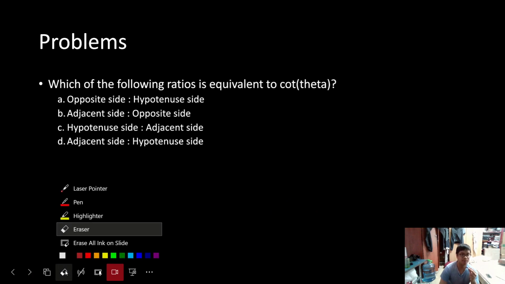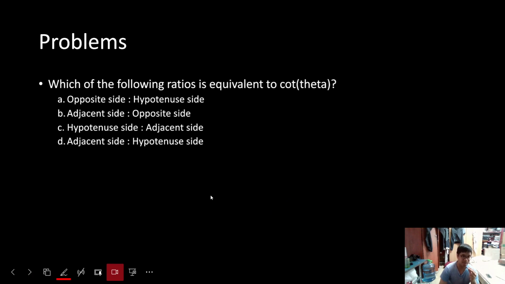Next problem. Which of the following ratios is equivalent to cotangent theta? A, opposite side is to hypotenuse side. B, adjacent side is to opposite side. C, hypotenuse side is to adjacent side, or D, adjacent side is to hypotenuse side.